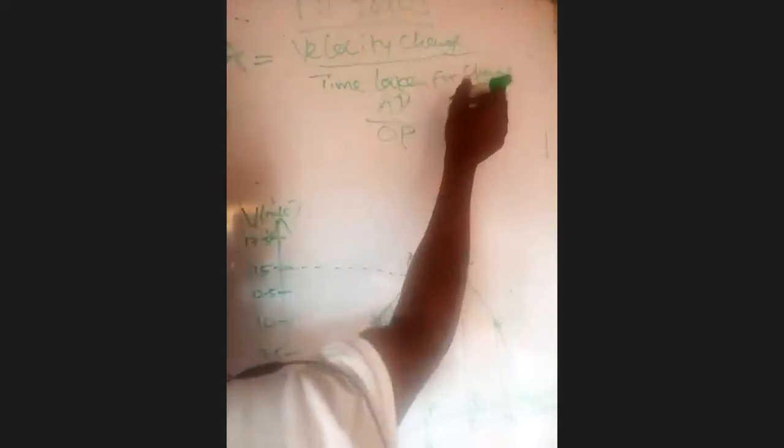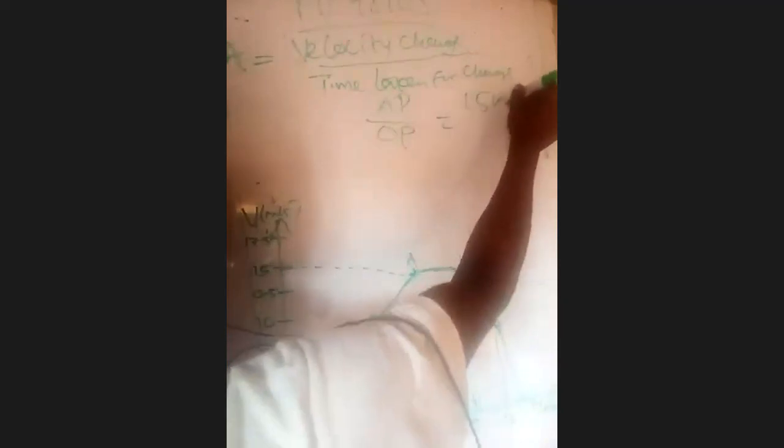Now, the acceleration, the gradient of the line, will be equal to the velocity change. The velocity change here is 15 meters per second, all over OP, the time taken for change.